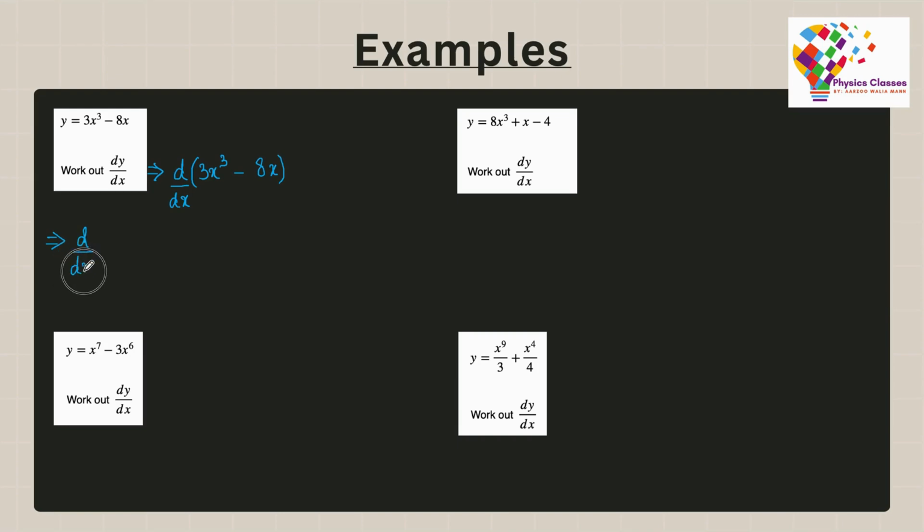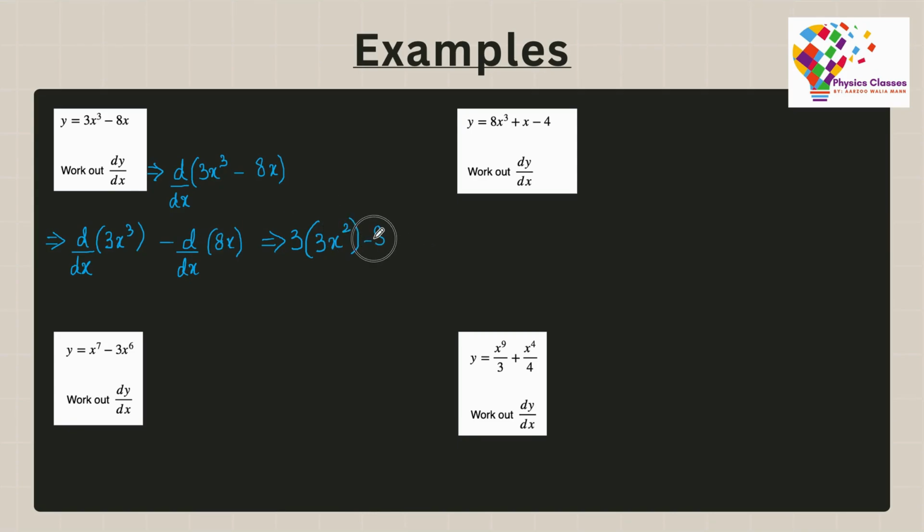Now the differentiation of 3x cube would be 9x square. So 3 you keep out, x cube you differentiate, so that would be 3 into 3 times x square. Then I subtract the derivative of 8x. The differentiation of 8x would just be 8. So therefore my final answer becomes 9x square minus 8.